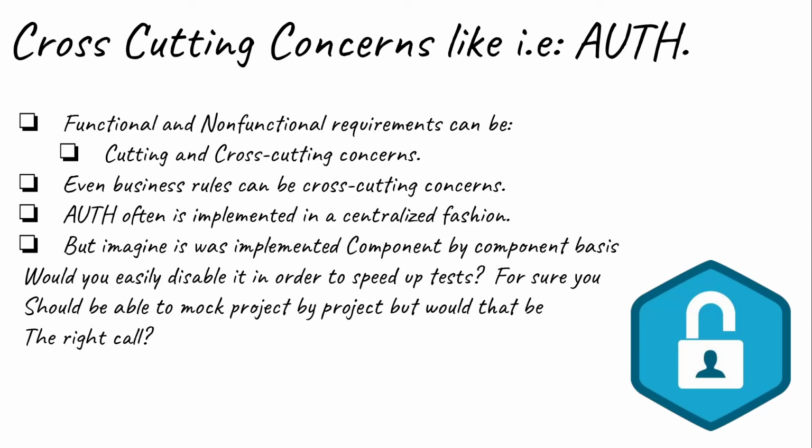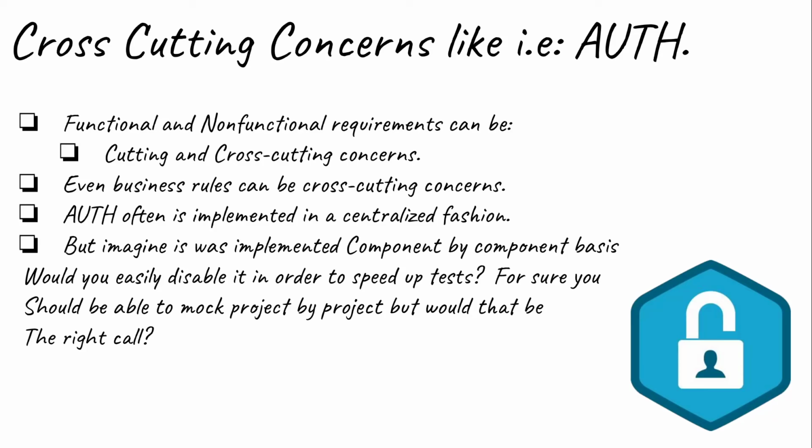But imagine that this cross-cutting concern was implemented in a vertical manner, meaning like a cutting concern, not a cross-cutting concern. Well, in that case, what would happen is that for tests it will be much harder, because you cannot easily switch this off like a feature toggle.